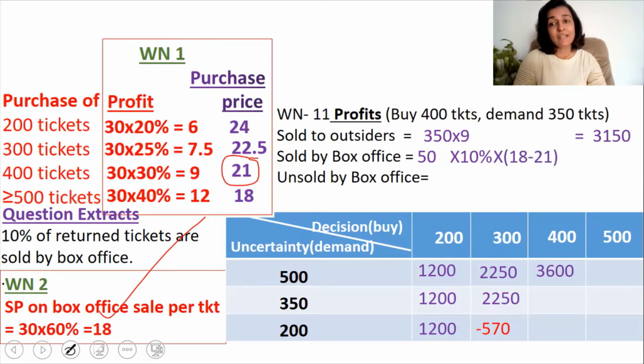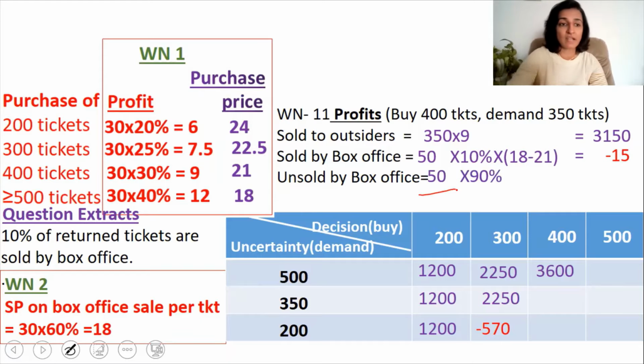It is 18 minus 21, giving a net amount of negative $15. Now regarding the quantity which is unsold by the box office, 50 tickets, out of which 90% the box office is not able to sell because they are able to sell only 10%. So 50 into 90% unsold by the box office also. And what do the ticket agent get?